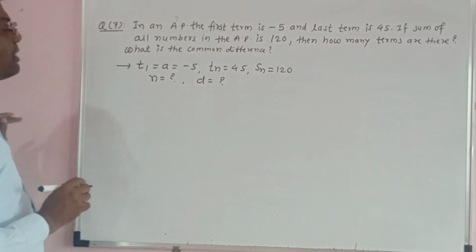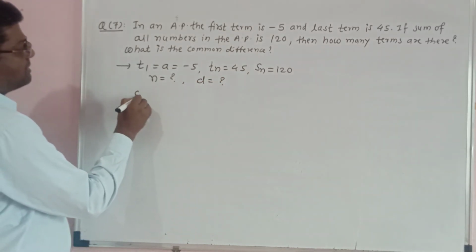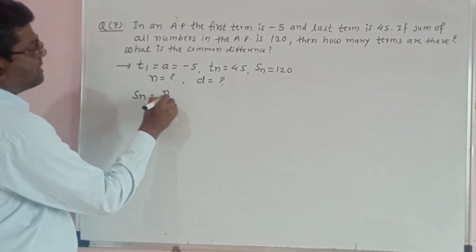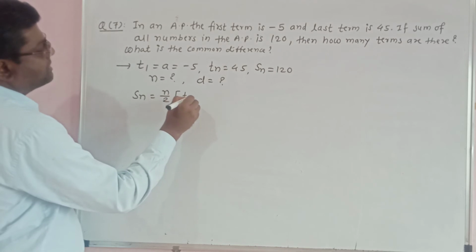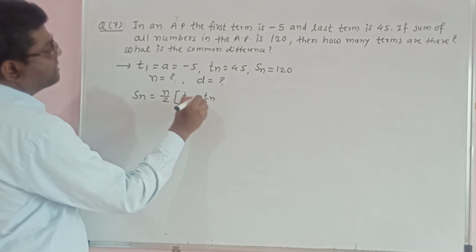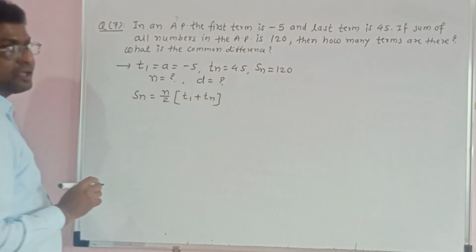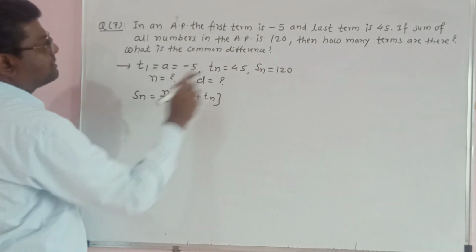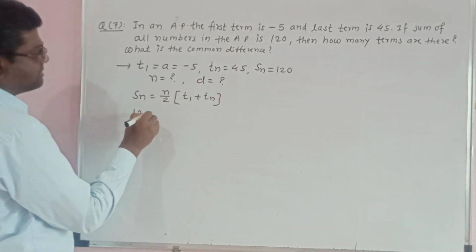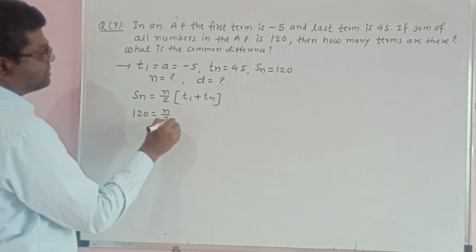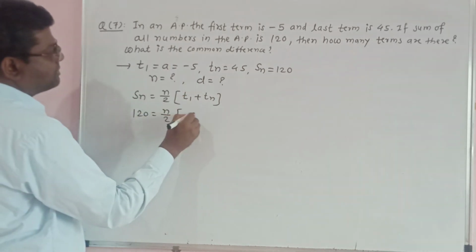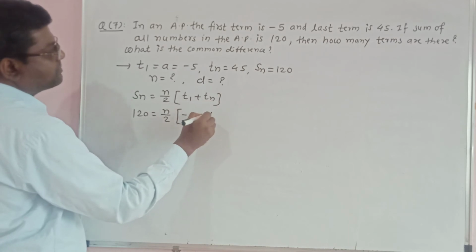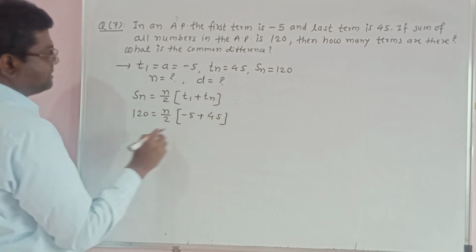Now we have a formula for Sn. Sn is equal to n upon 2 in bracket T1 plus Tn. This is one of the formulas for Sn. Now Sn is 120 is equal to n upon 2 in bracket T1 is minus 5 and Tn is plus 45.